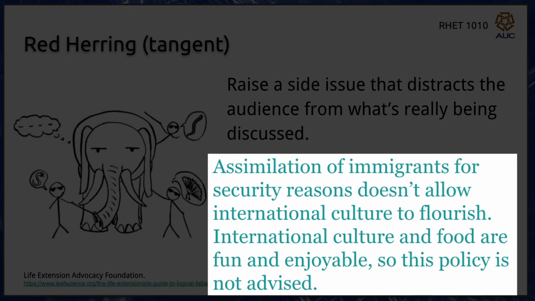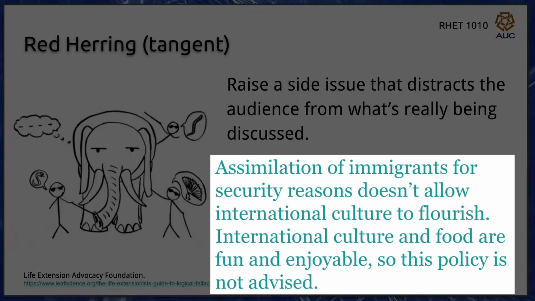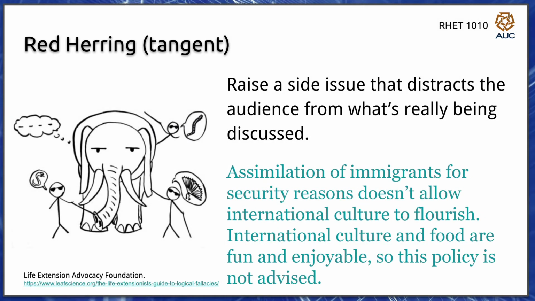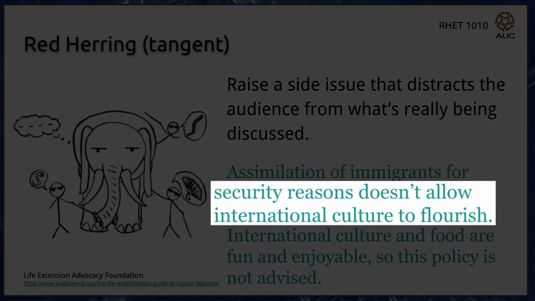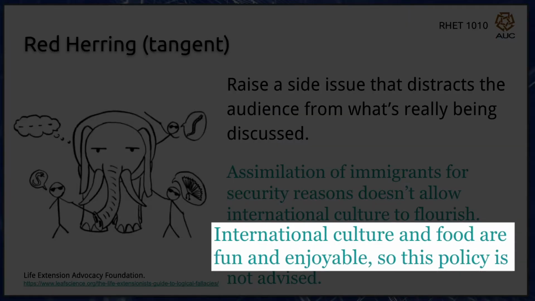Assimilation of immigrants for security reasons doesn't allow international culture to flourish. International culture and food are fun and enjoyable, so this policy is not advised. Now, in our argument here, we're talking about the assimilation of immigrants and the balance between flourishing of culture and security. The fact that international food and culture are fun and enjoyable is really irrelevant to our argument.